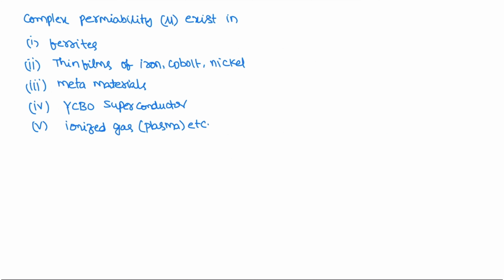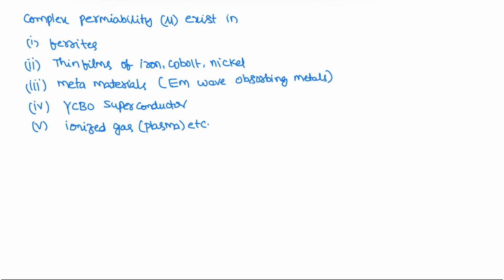This complex permeability exists in ferrites, thin films of iron, cobalt, nickel, and metamaterials. Metamaterials means EM wave absorbing metals. These are used in stealth technology fighter jets.